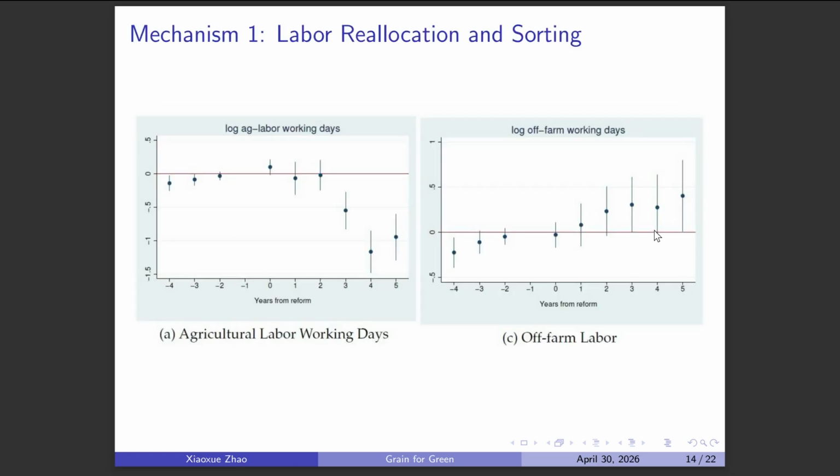Now let me show you some evidence to support the various mechanisms that our model predicts, of how the Grain for Grain program could enhance agricultural productivity. First, the labor sorting effect. Consistent with what our model predicts, we find that the implementation of the program significantly reduces households' labor allocation to agriculture, but significantly increases households' labor allocation to non-farm employment.